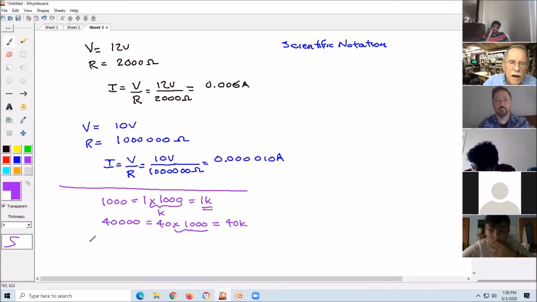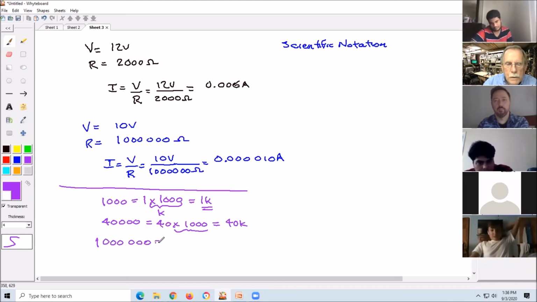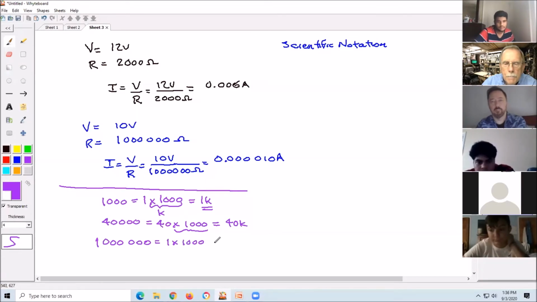They also have another prefix. Let's say I had this. What's that equal to? 1,000,000, which would be the same as 1 times 1,000,000. And we use the metric prefix capital M to represent the times 1,000,000.